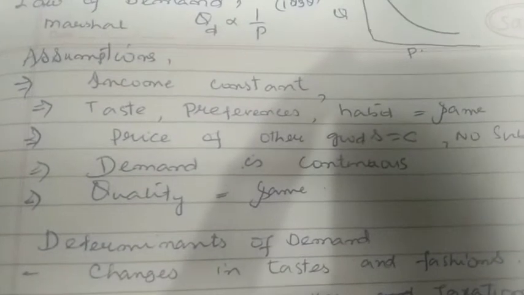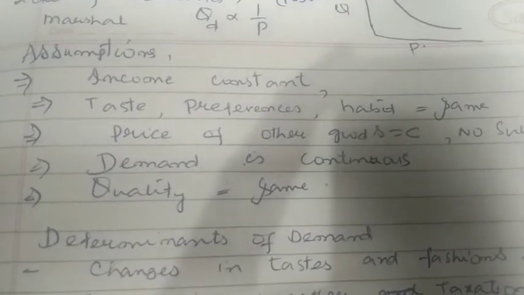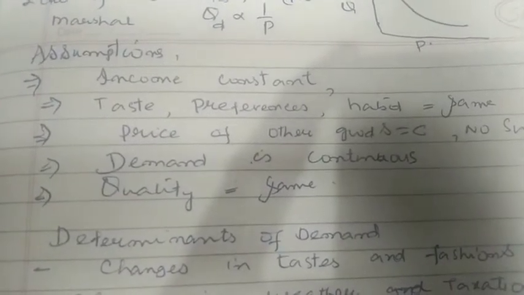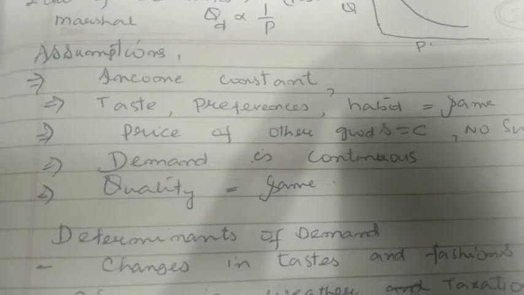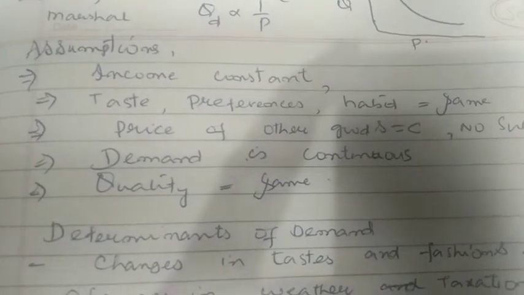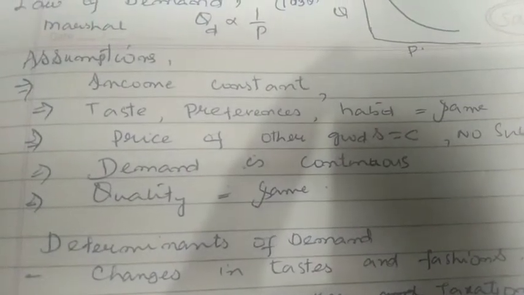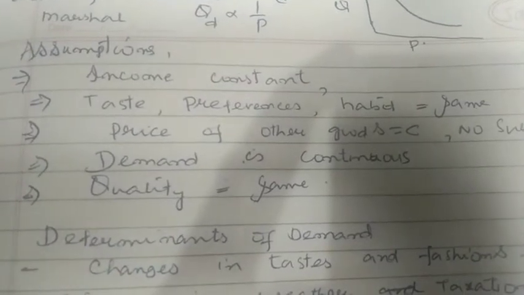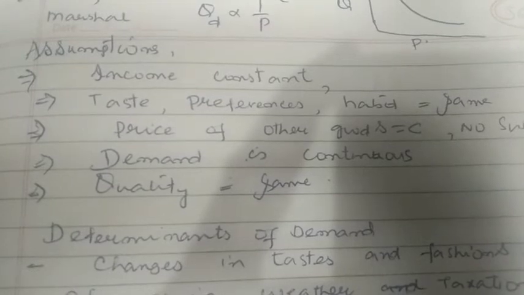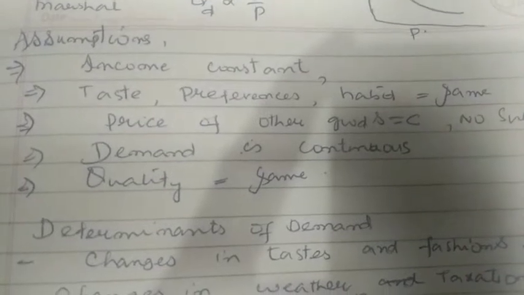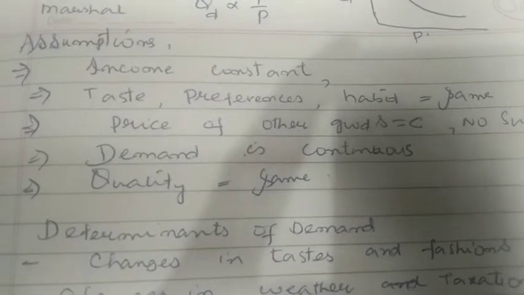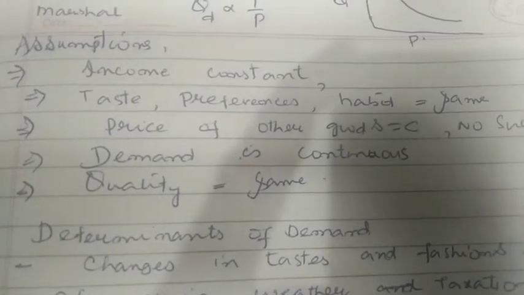And habit: if you used to be a non-smoker and suddenly, God forbid, you became a smoker, the quantity demanded of cigarettes initially was zero, but because your habit has changed, now you are a smoker, so the quantity demanded will be something. So the quantity demanded of an object has changed from zero to something. If you want the law of demand to hold, then habit should also be the same.